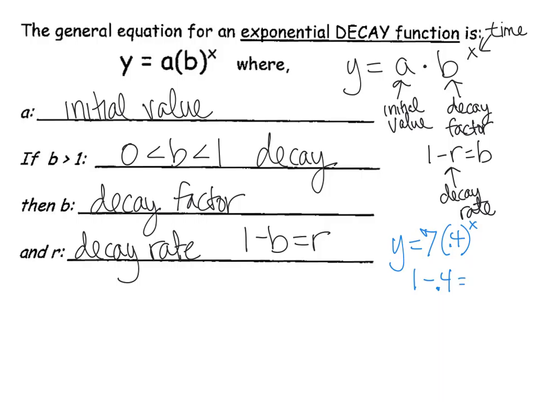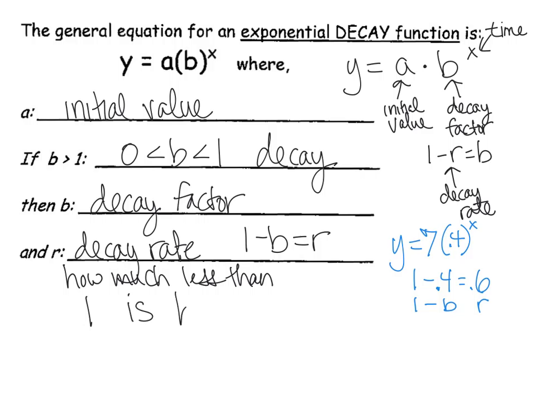You said 0.6? 0.6 is my R. So now for decay, I care by how much it is less than 1. How much less than 1 is B? Before, on growth, I cared about how much more than 1.